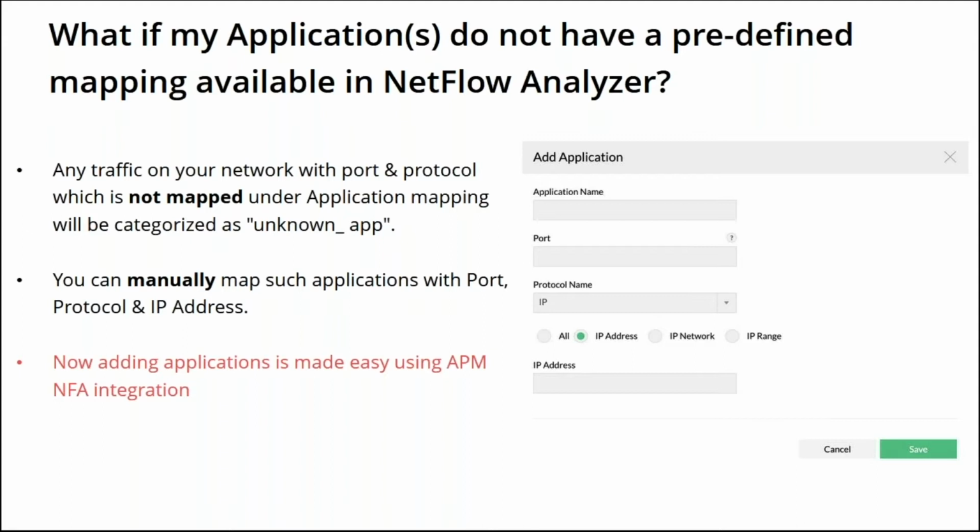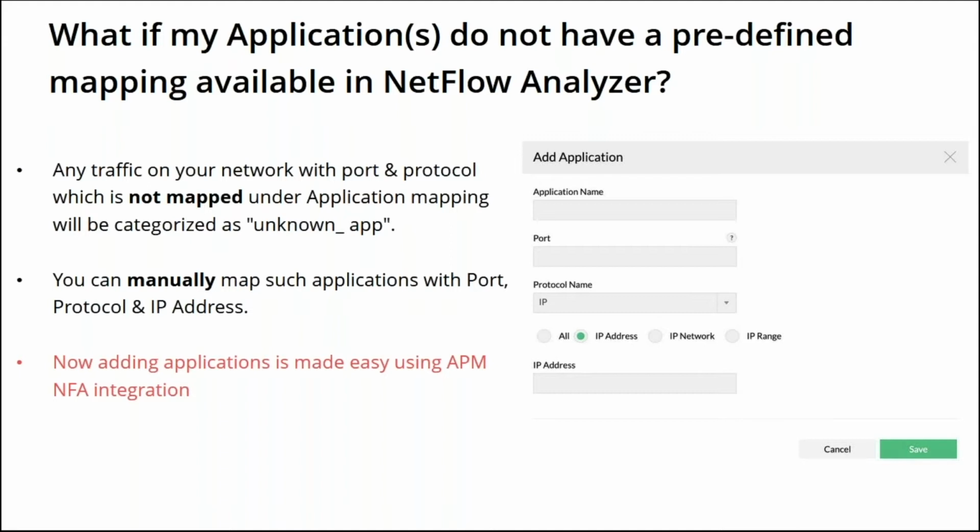I'm least bothered about the 10,039 mapped applications that NetFlow Analyzer offers. What I'm concerned about is those applications that I am using in my network. I want to see the traffic of them, and for that, mostly I may have to do a manual mapping.